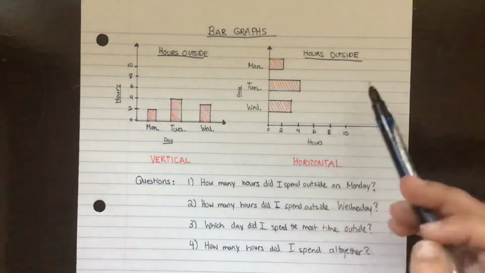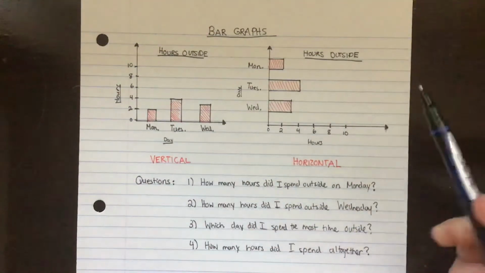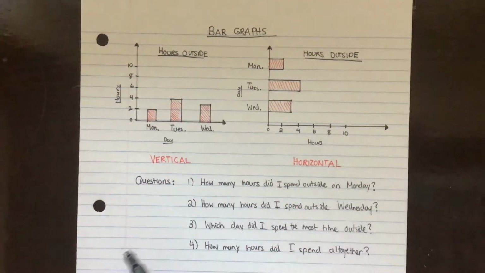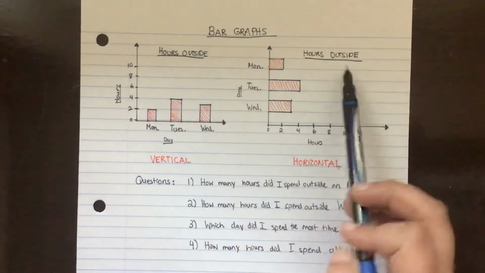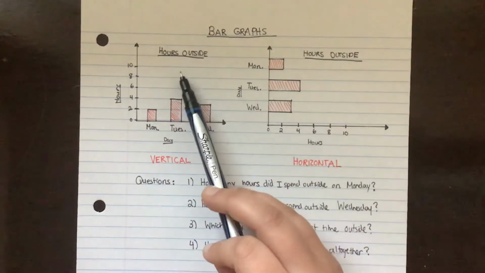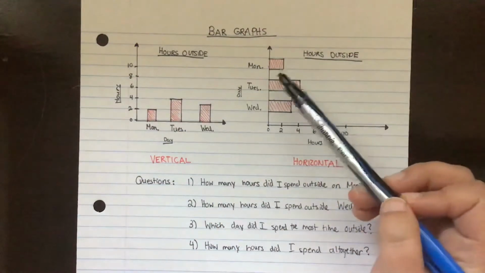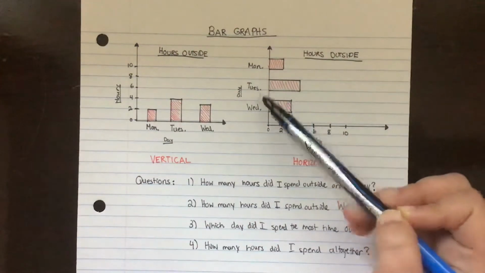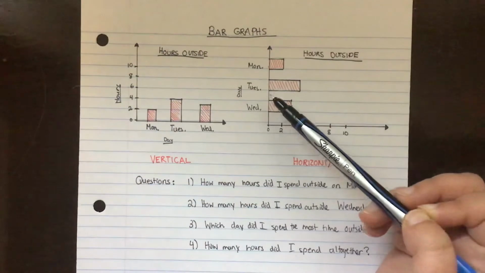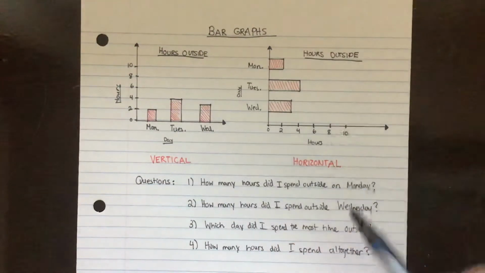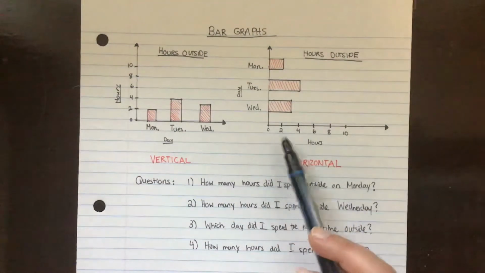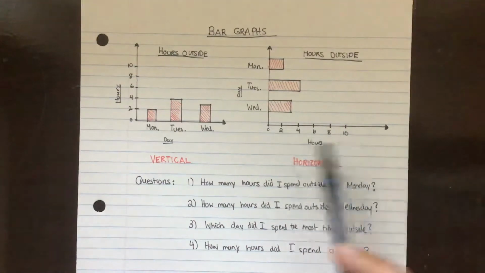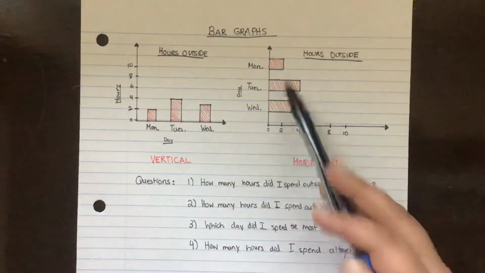Now, every single bar graph, whether it's vertical or horizontal, needs a few things. First of all, they need a very good title so we know what the bar graph is about. They need labels. What are the bars representing? So in this case, the bars are representing Monday, Tuesday, and Wednesday. And the same thing for this one. We need a scale, which is telling us how many of whatever we're measuring happened for each label.